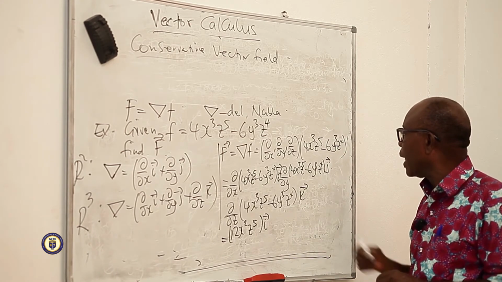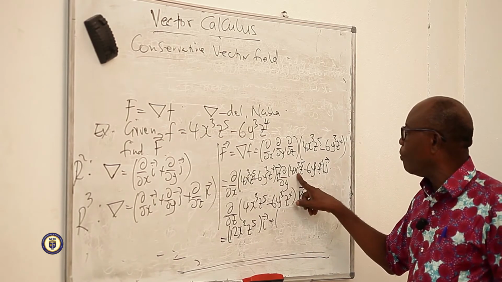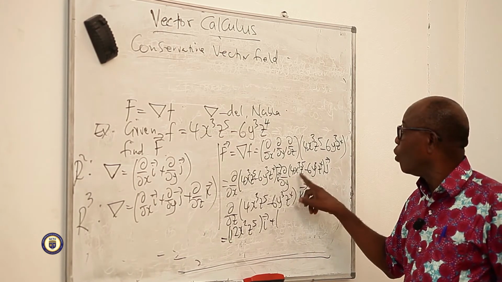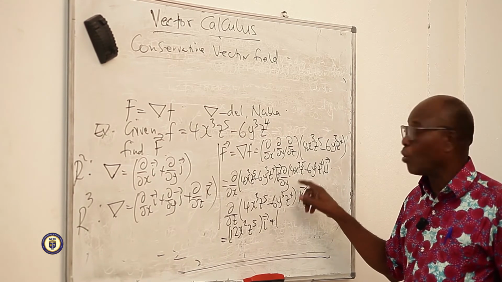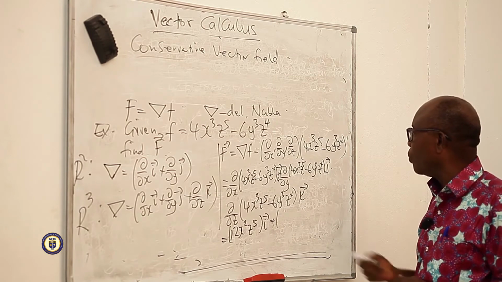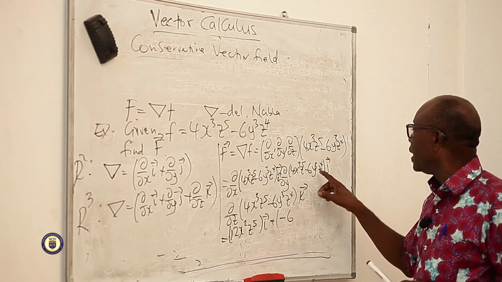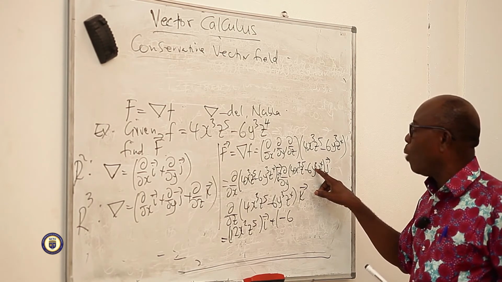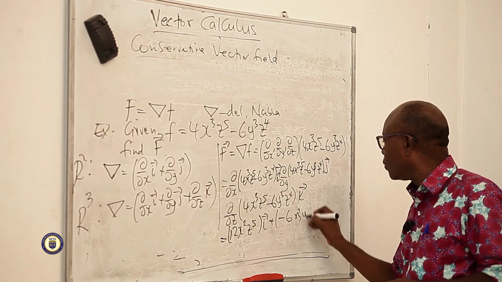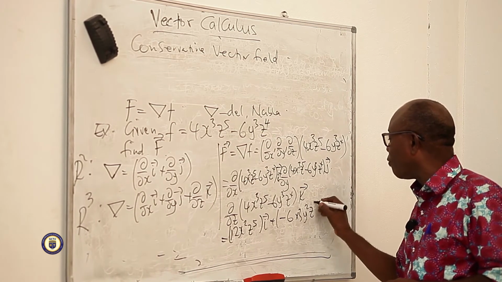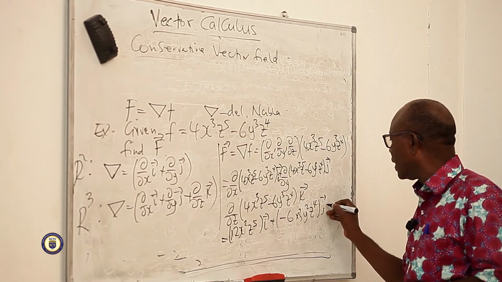Then when you come here, you are differentiating with respect to y. Here there's no y term, so 4x cubed z to the power 5 is a constant, and differentiating a constant gives 0. Then you come here, minus 6. If you differentiate y cubed with respect to y, you get 3y squared. z to the power 4 is a constant. That is the j direction.